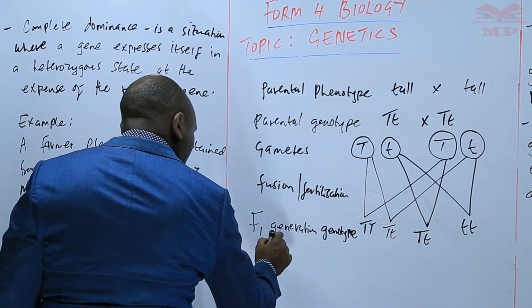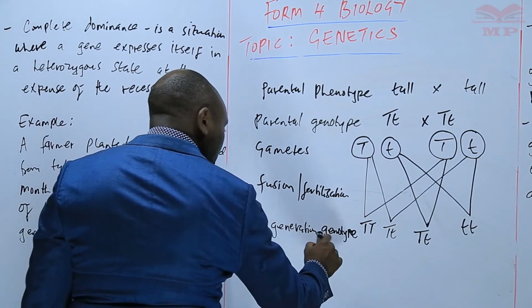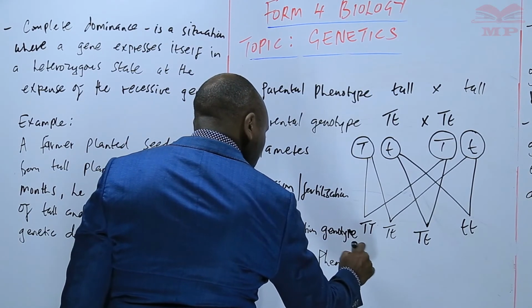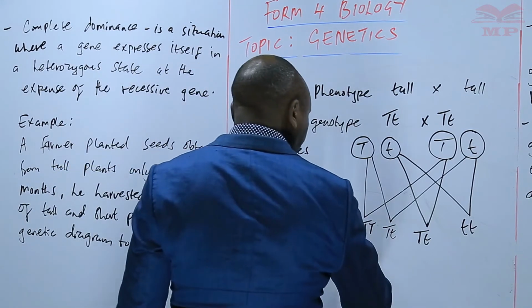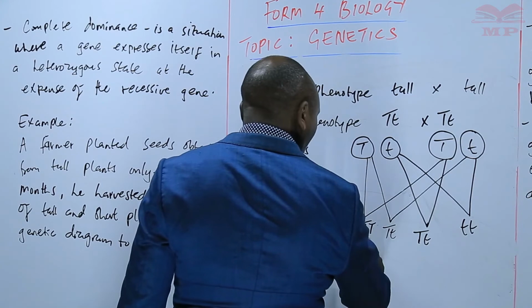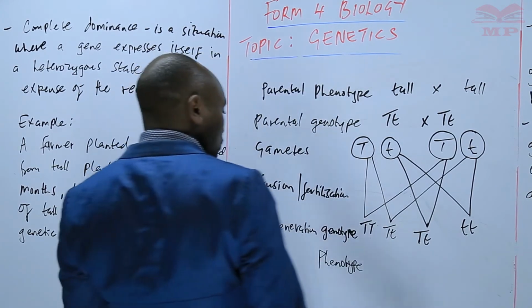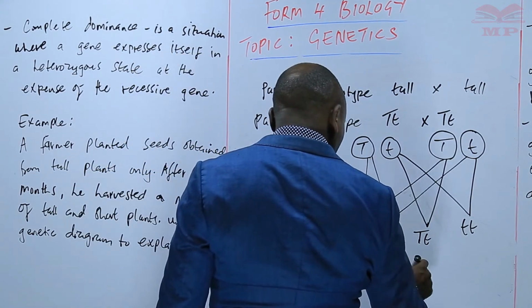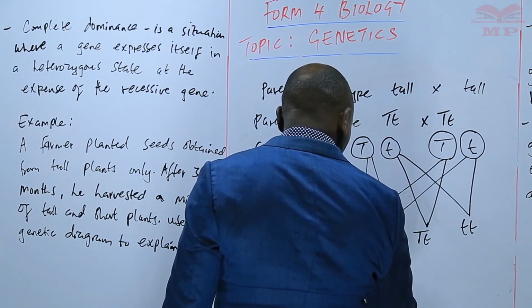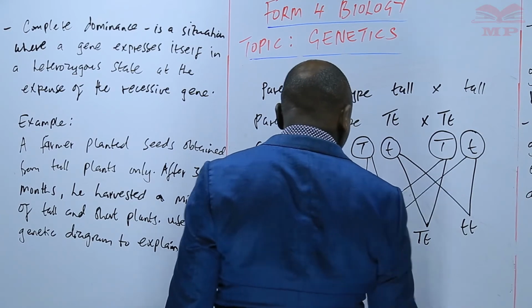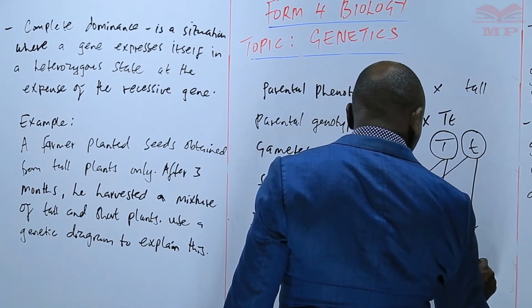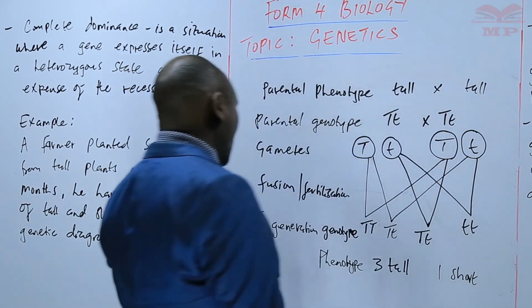Then F1 generation phenotype. The phenotype, we had 1, 2, 3 tall. So the phenotype of this was 3 tall and 1 short, or 1 dwarf.